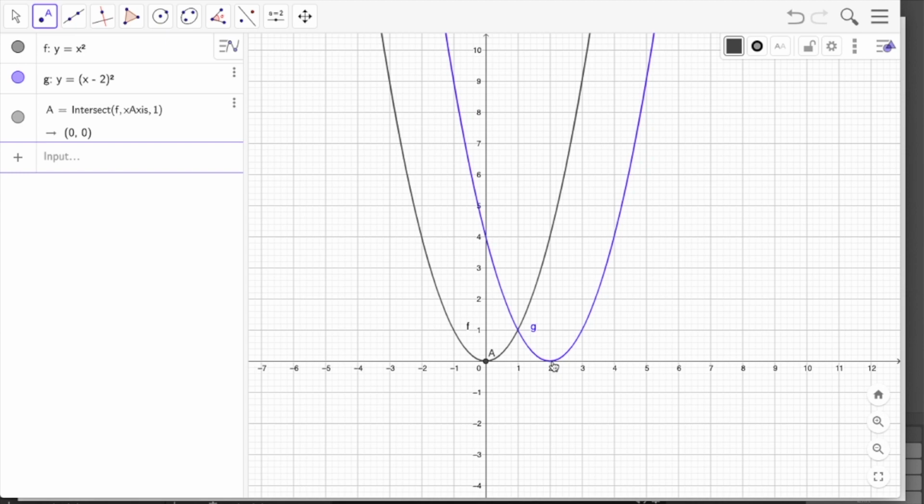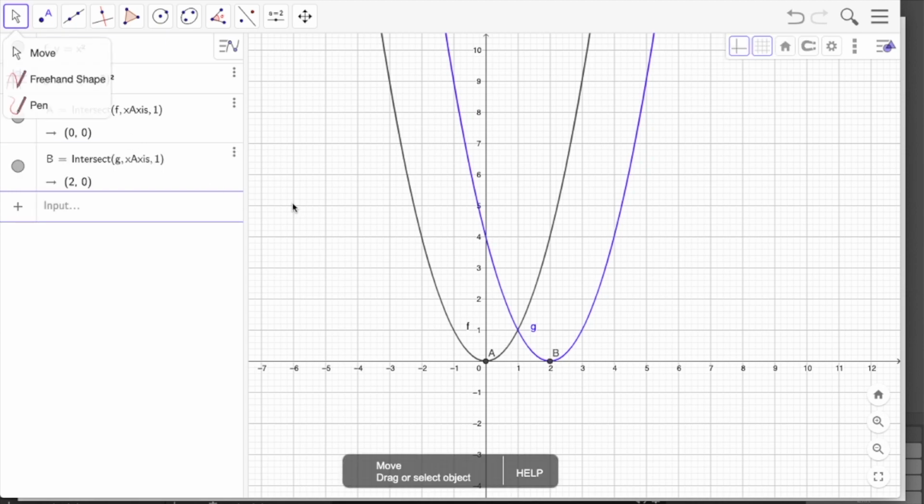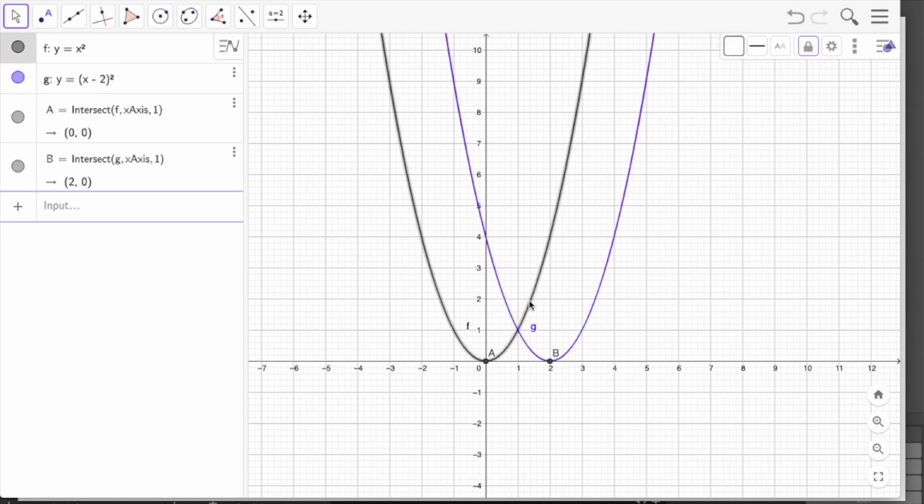So for the first one, the minimum value of that function is given by y equal to 0. The second one, the minimum value for the blue one is also y is equal to 0.